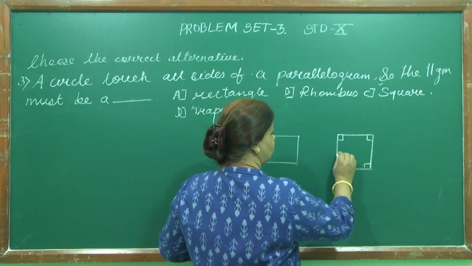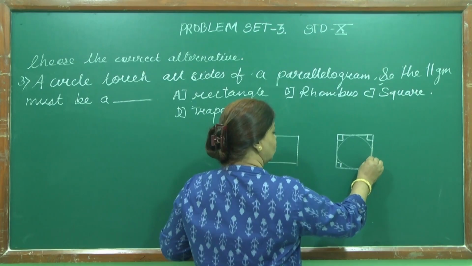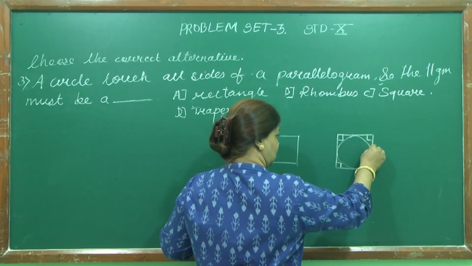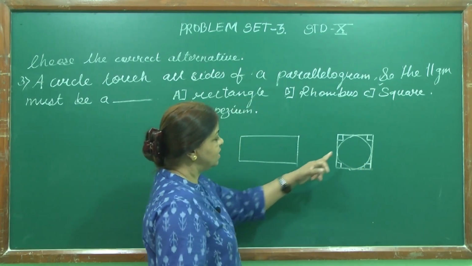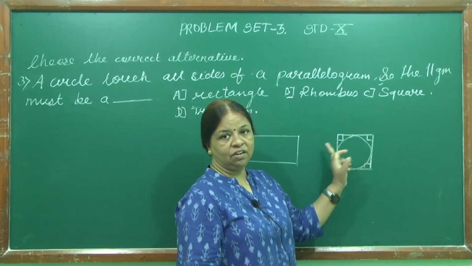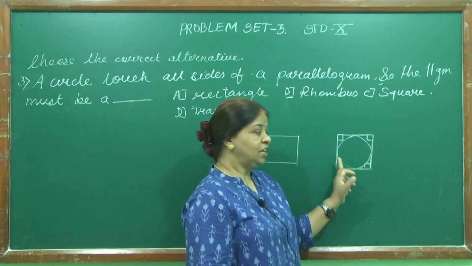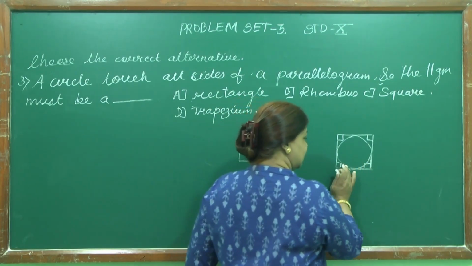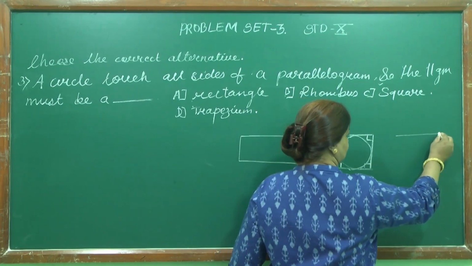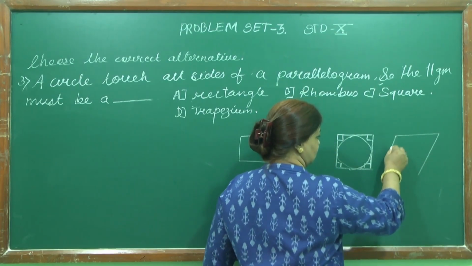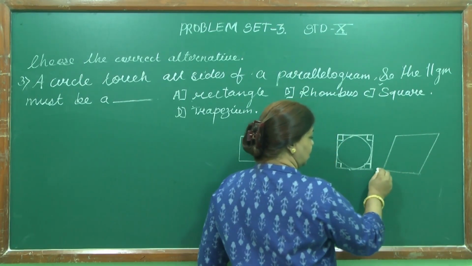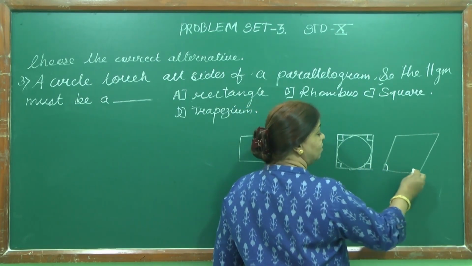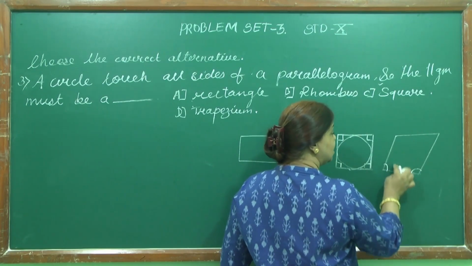So we can draw a circle inside, and we can see that each side of the square will touch the circle. What is a rhombus? Same as a square, in which each angle is not 90 degrees. One will be less than 90, one would be more than 90, but each side would be equal.